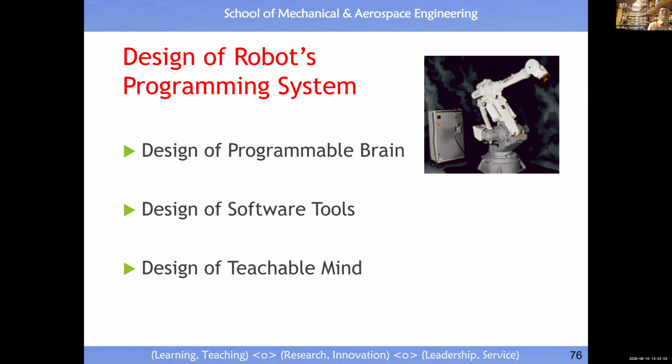This is very important. If a mind is not teachable, how can we talk about machine learning? A lot of work under the title of machine learning actually has nothing to do with machine learning. They are just doing data mining. Data mining has nothing to do with machine learning.